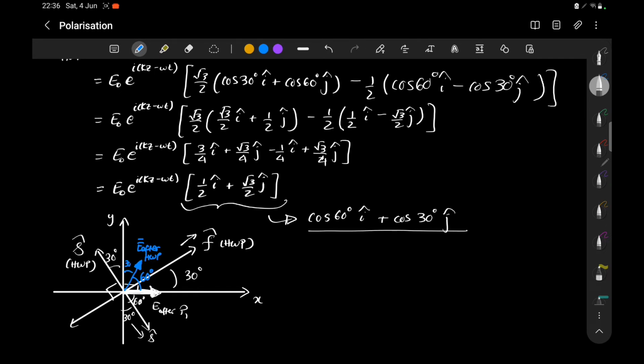This angle is 30 degrees. So this is in agreement with the statement that we had written, that a half wave plate rotates the polarization by 2 theta.